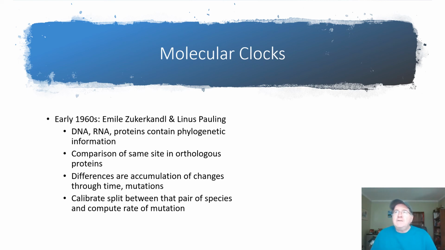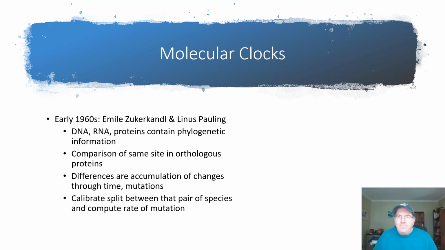But Zuckerkandl and Pauling had the insight to see that if you're looking at orthologous proteins, and then you're comparing the same sites in these orthologous proteins. So to translate that into modern terms, we're talking about a multi-species alignment for orthologous proteins. Then you can compare and basically count up the number of differences between a pair of organisms.